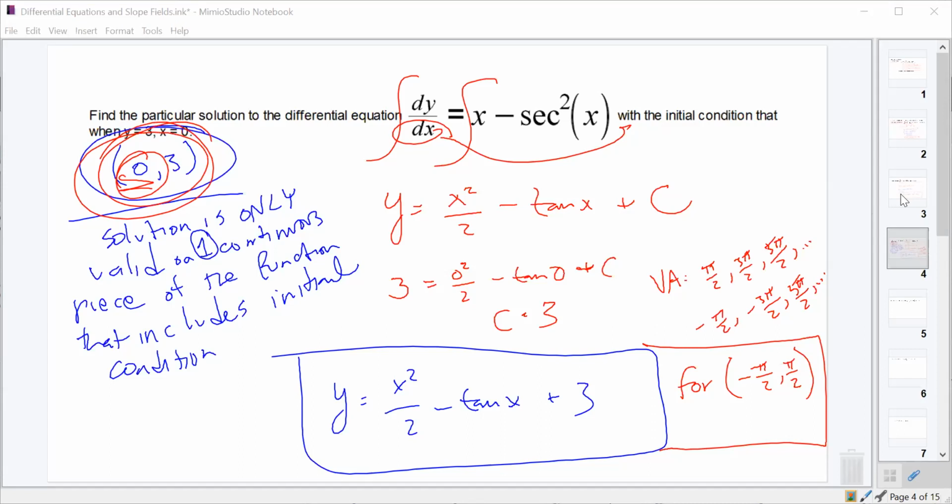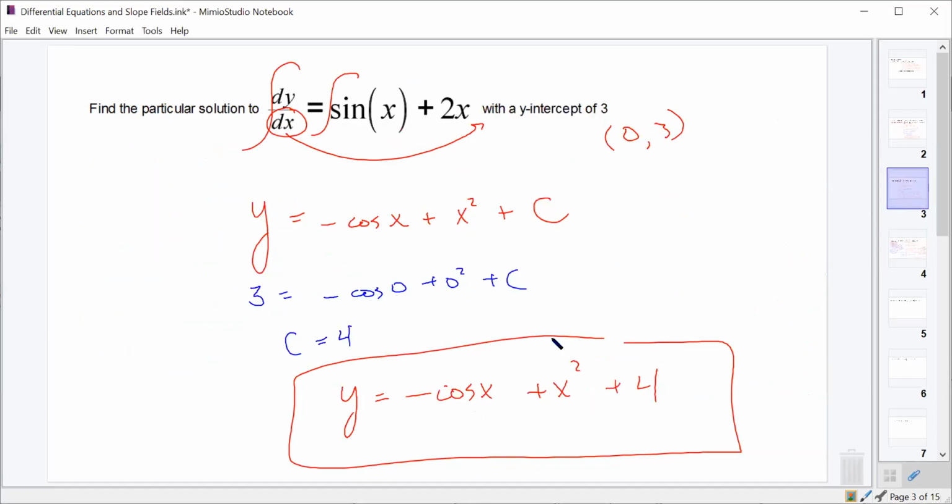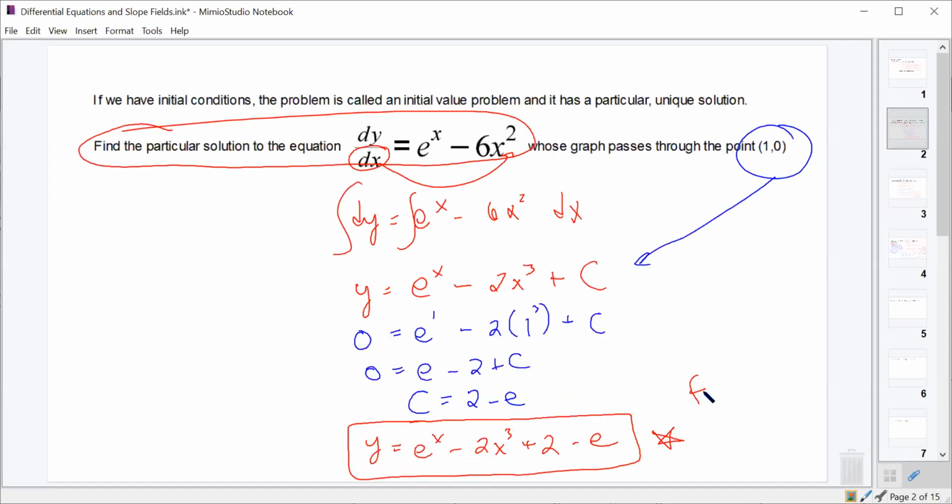Yep. And so for these other ones, we don't need to specify if the domain is just negative infinity to infinity. If it's continuous for all real numbers, we don't normally specify. We could have said negative infinity to infinity if we wanted to, but if the interval of validity is all real numbers, then we don't normally have to put it.